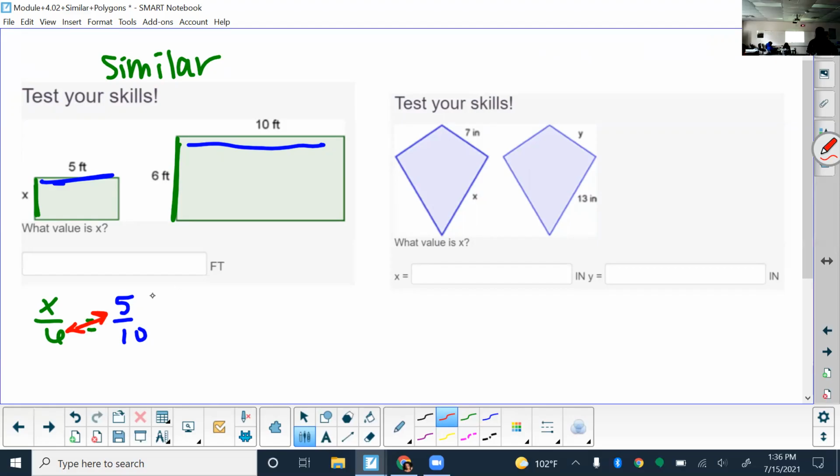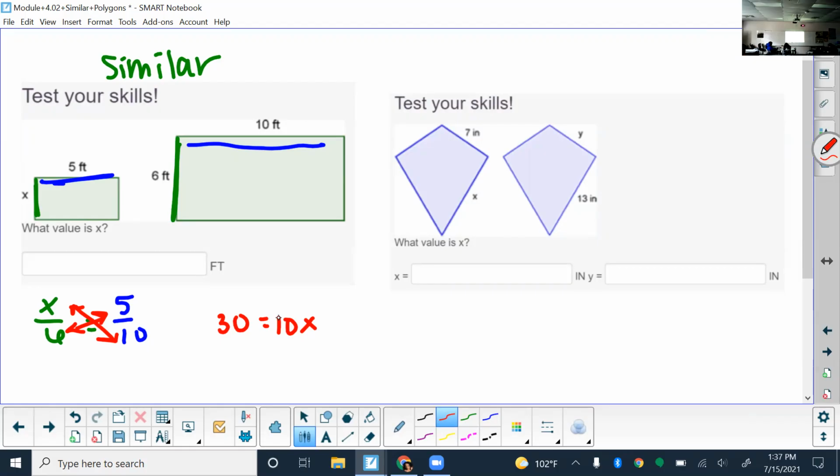So we did 6 times 5, which is 30. Over here, we have x times 10, which is 10x. And now we can properly solve for x. So what's the opposite of multiplying by 10? All right, dividing by 10.